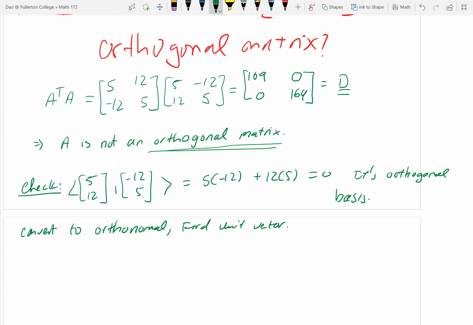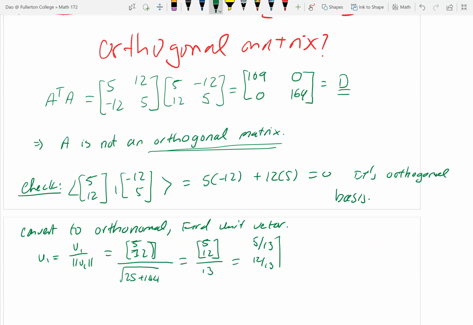All right, so U1 equals V1 divided by the magnitude of V1, which is 5, 12 divided by the square root of 25 plus 144. So we get 5, 12 divided by 13, which is 5/13 and 12/13.